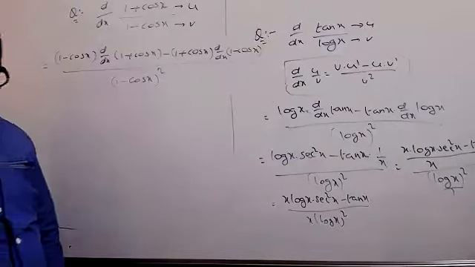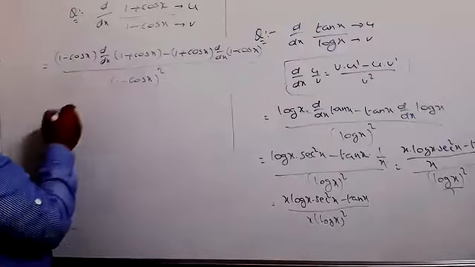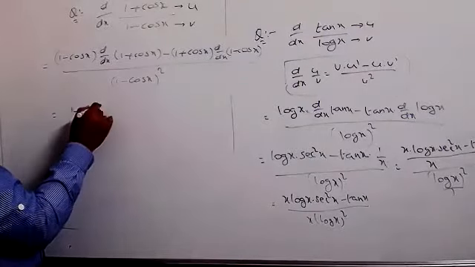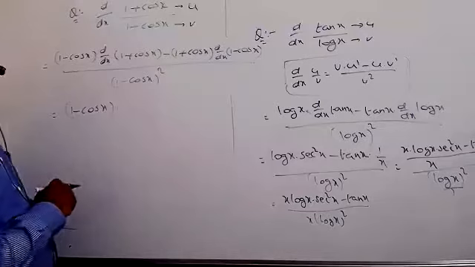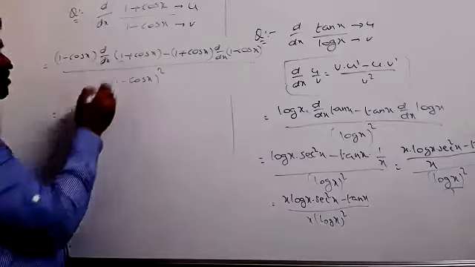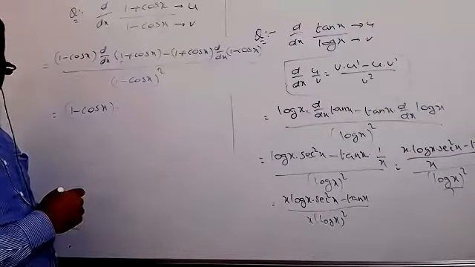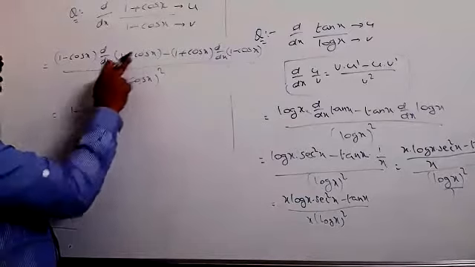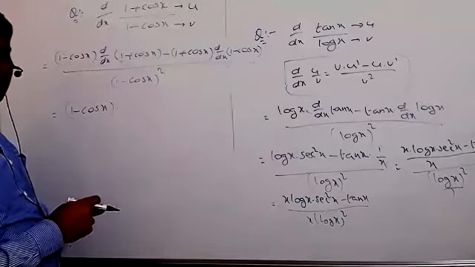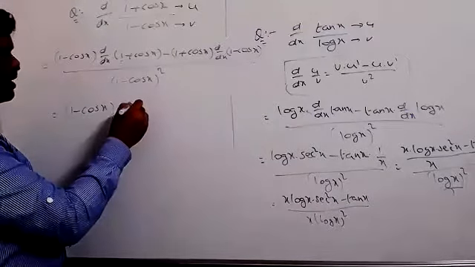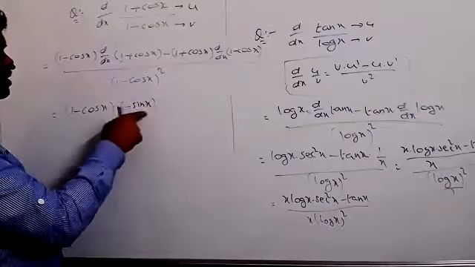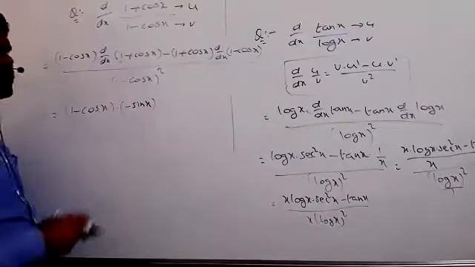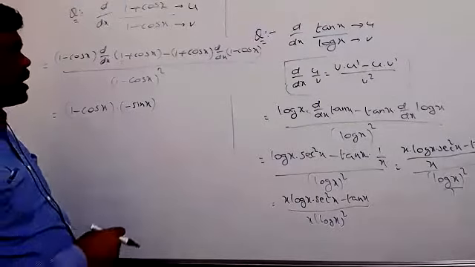Yes. Now differentiate this value. 1 minus cos x into differentiation of constant equal to how much? 0. Differentiation of cos x equal to minus sin x. So we'll get only a single term, because differentiation of constant is 0, and minus sin x.